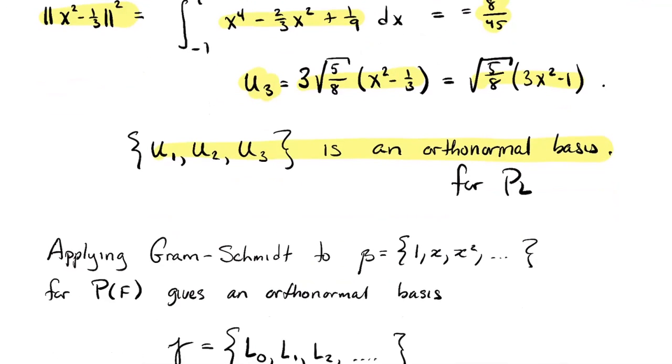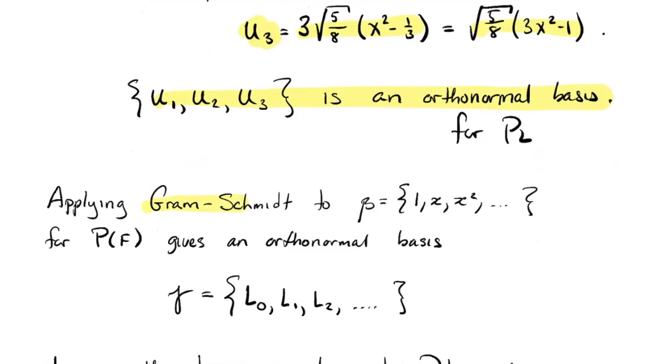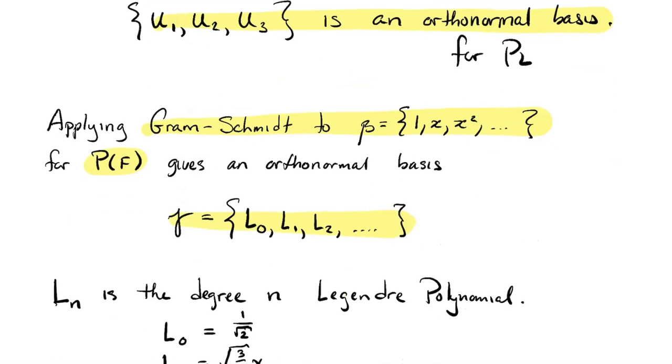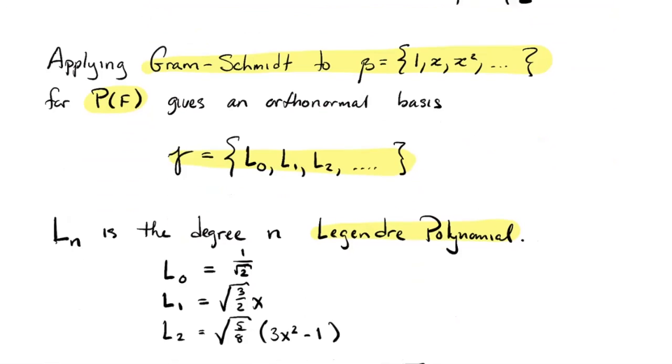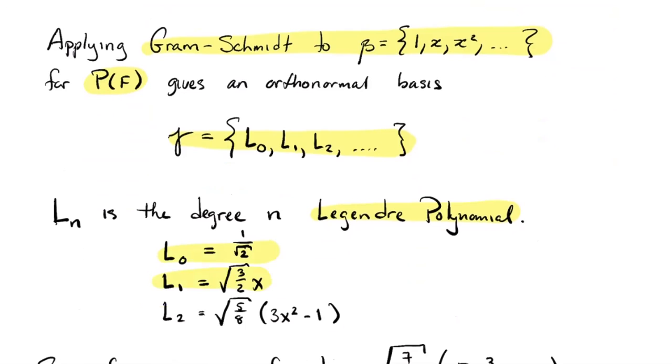Just as some terminology, if you apply the Gram-Schmidt process to the entire basis for the polynomial space, each time you produce a new one, then the orthonormal basis that you get is called the Legendre polynomials. So we just computed the first three Legendre polynomials.